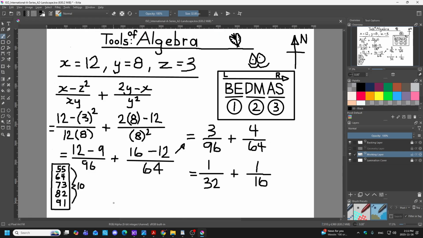So 32 is going to be my common number, my denominator. All right, so the left-hand side is going to be 32, so unchanged. So that's still going to be 1. I have to multiply this by 2 and this by 2 to make this 32. Correct? So that means it's going to be 1 plus 1 times 2, which is 2.